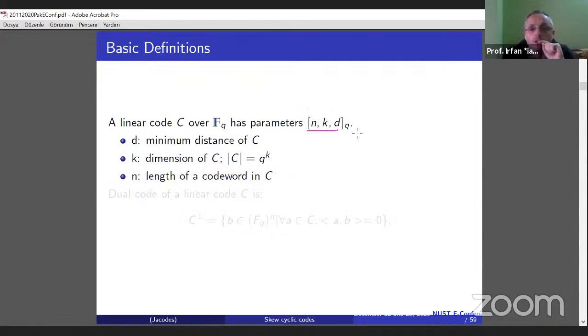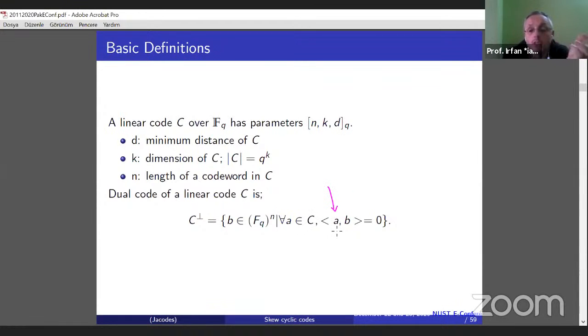Okay, and we have a notation here, which is the length, the dimension if we have a field F_q, and d the minimum distance, and q tells us about the size of the field over which the code or linear subspace is defined. And again, as usual, we can define the dual of the code, the orthogonal with respect to an inner product.